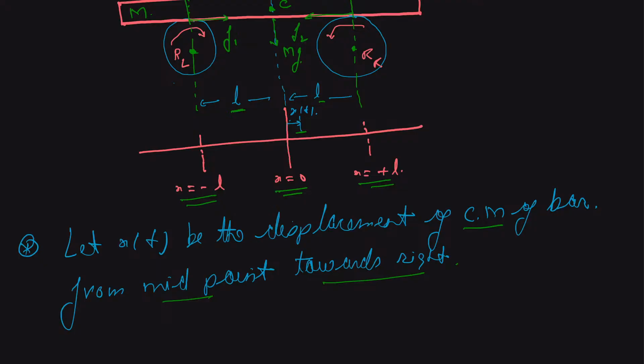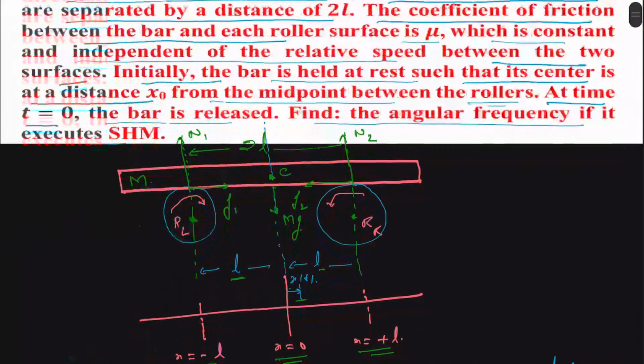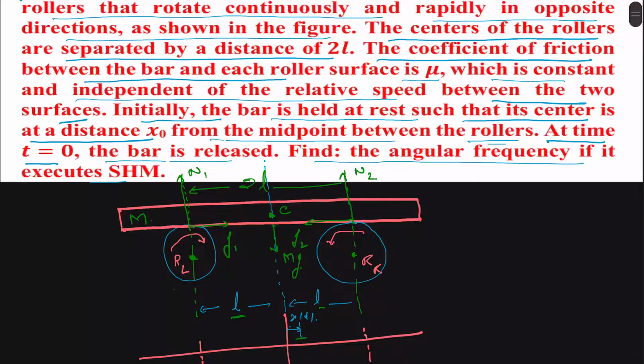So initially, it is said in the question that the bar is held at rest such that its center is at a distance of x naught from the midpoint of the rollers.